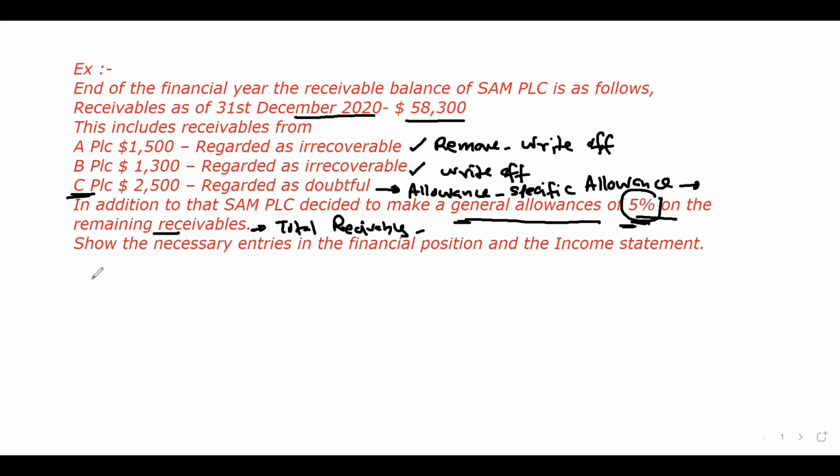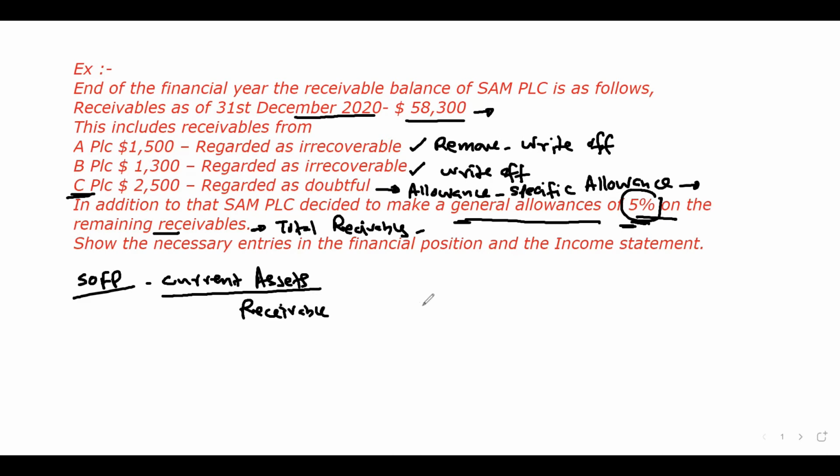As I told you, this receivable balance will be under current assets. So therefore, in the statement of financial position, under current assets, you will have receivables.